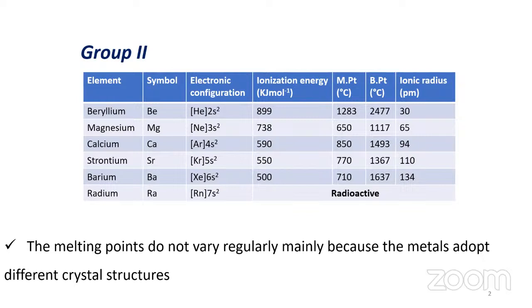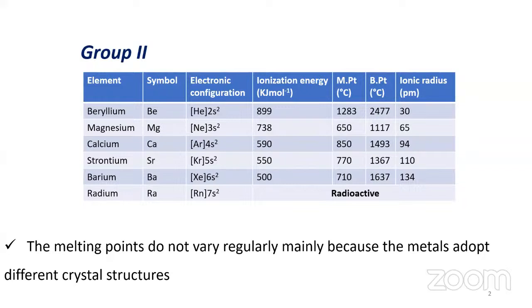So the valence shell increases down the group. But despite that, they all have 2 electrons in their valence shell, and that is what leads to their similar properties.